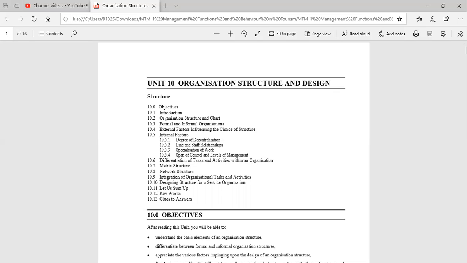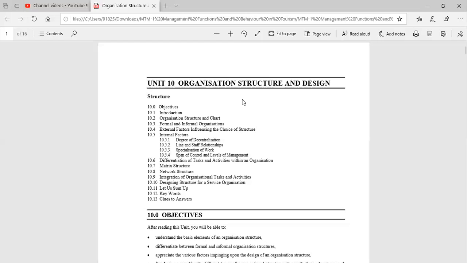So the main topics of this are important, because it helps you to understand what is an organization. So main topics are organizational structures, and what are the organizations, formal and informal organizations. So external factors influencing the choice of structure.